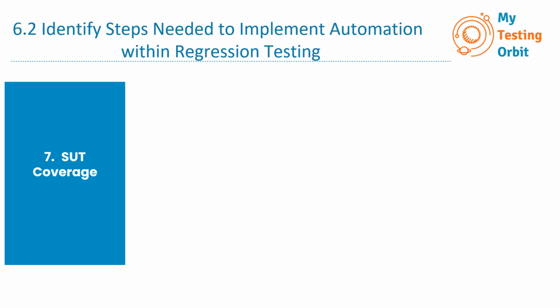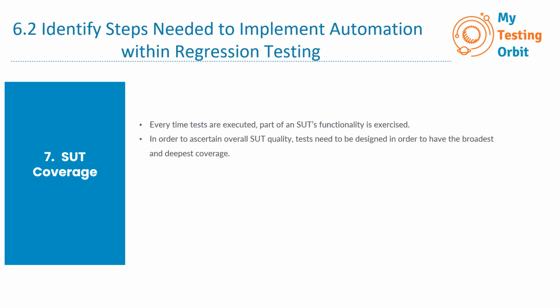Number 7, SUT coverage. Let's say that you are playing a video game and each level tests different abilities or challenges. Similarly, every test checks a specific part, like levels in a game, to make sure that they are working correctly.